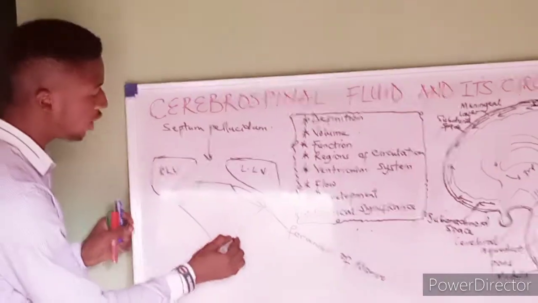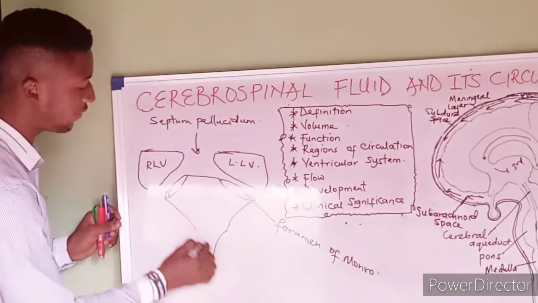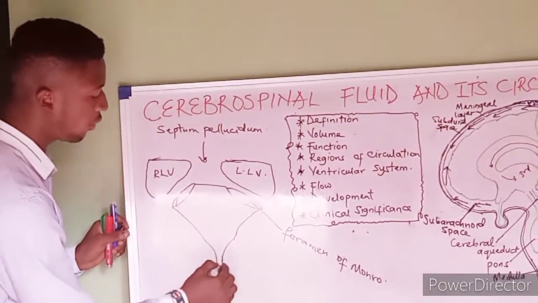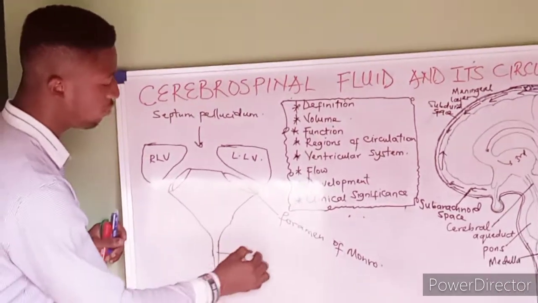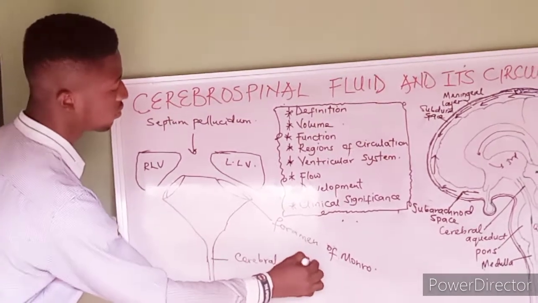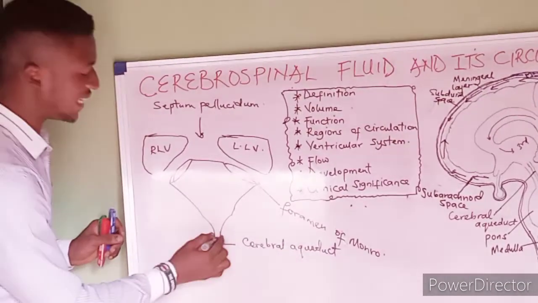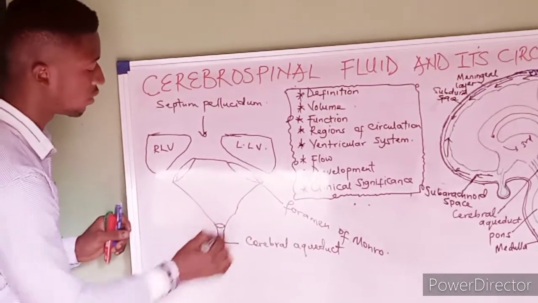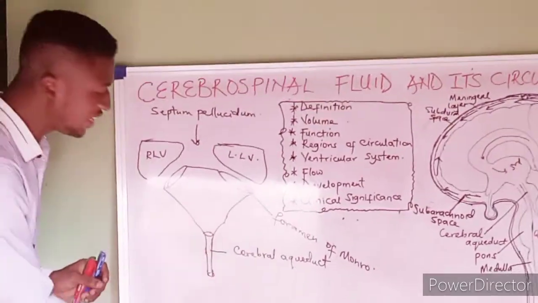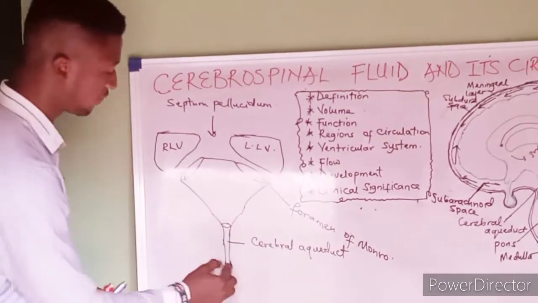Now, the third ventricle extends further through what we refer to as the cerebral aqueduct, which is a canal. It extends further through this canal into the fourth ventricle.